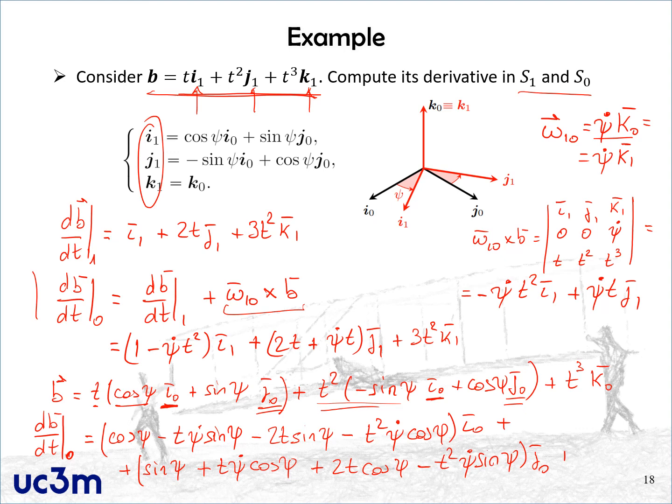And finally, for K0, that's easy, we have 3t squared K1. So how is this the same as this expression here? Well, it is the same if we have not made any mistakes. The only thing is that this is the result expressed in basis 0. Okay, so how can we check if the result is the same?